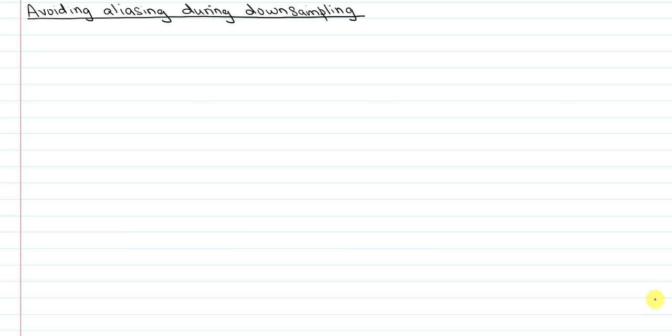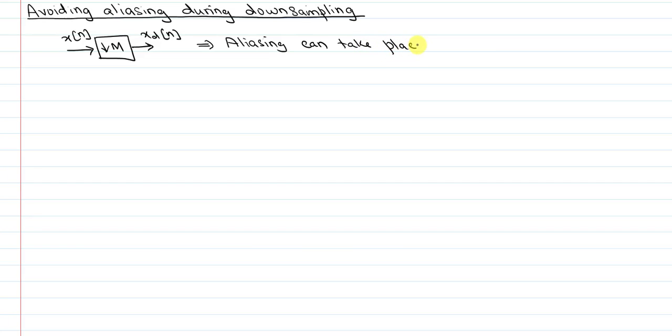Okay, we know that when we downsample a signal or sequence by a factor of M to get x_d[n], then aliasing can take place. And we have seen that the only way to avoid aliasing is that x[n] is band limited.